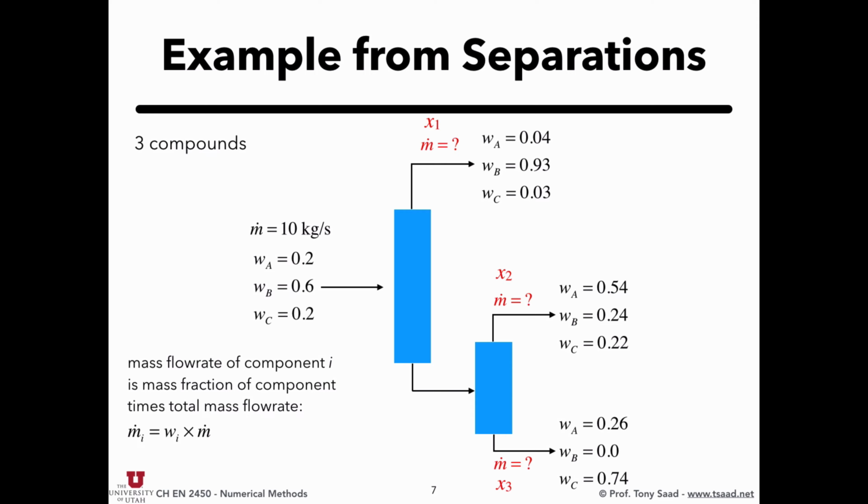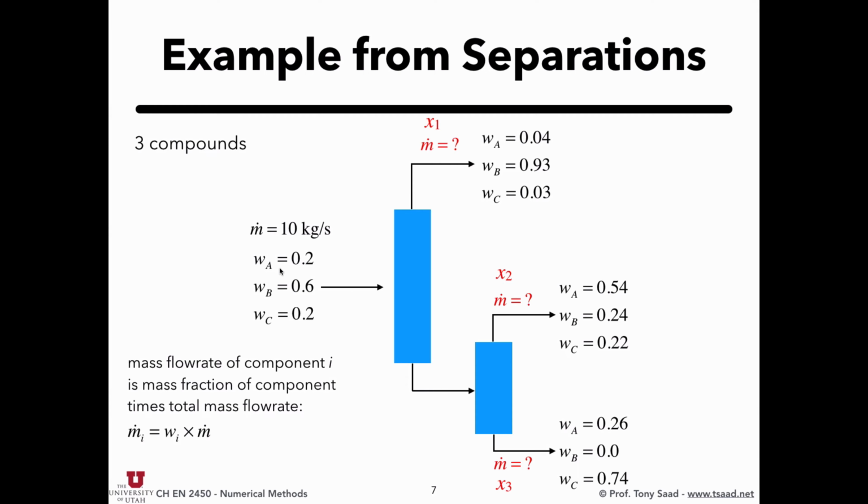So the mass flow rate at station 1, station 2, and station 3. Okay. Now, one thing to note is that the mass flow rate of component i, so that's m dot i, I'm showing here at the lower left of the screen, is given by the mass fraction of compound i times m dot.